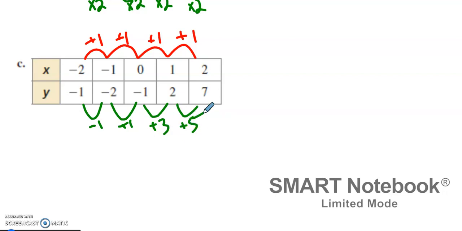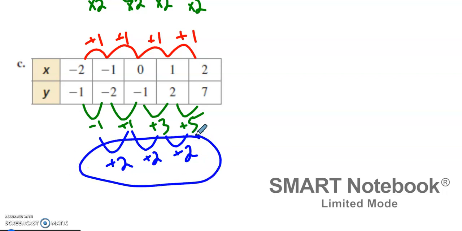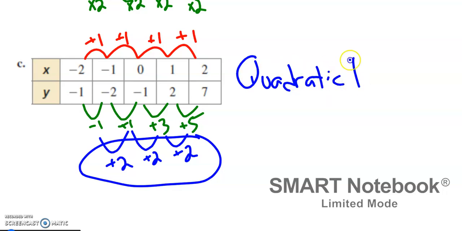So now we see, okay, is there a common difference in the second set? Well, from negative 1 to positive 1, I'm adding 2. From positive 1 to positive 3, I'm adding 2. 3 to 5, I'm adding 2. So since there's a common difference in my second set, this is going to be a quadratic.